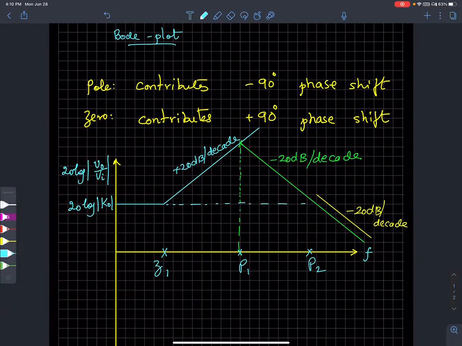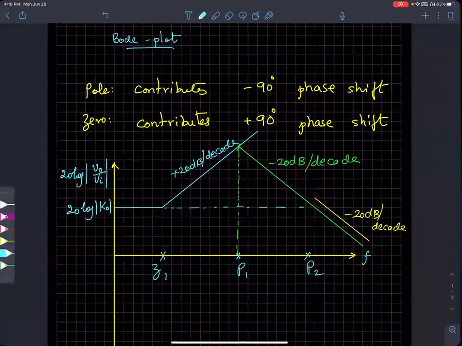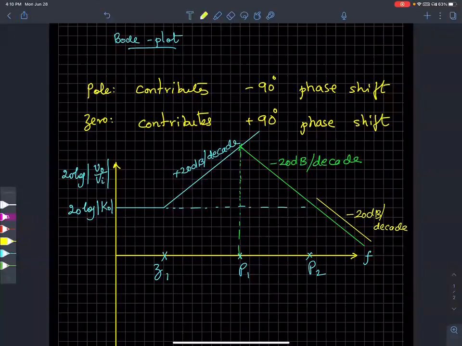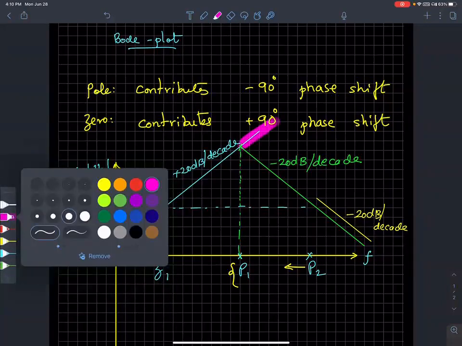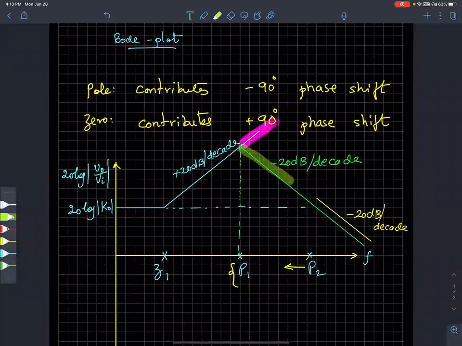Once you start hitting P1 and before you reach P2, there are two forces acting. One force is the zero, which is trying to increase, and the other, the pole, is trying to decrease.